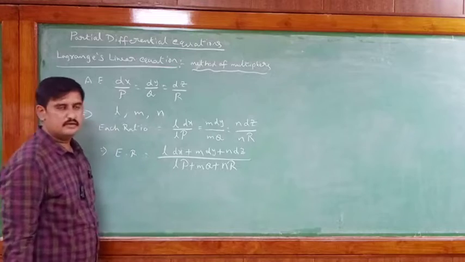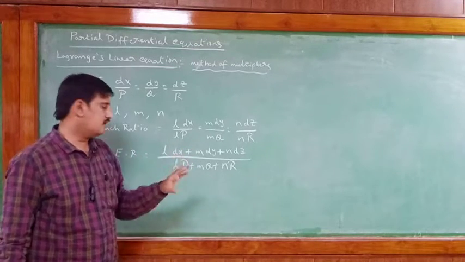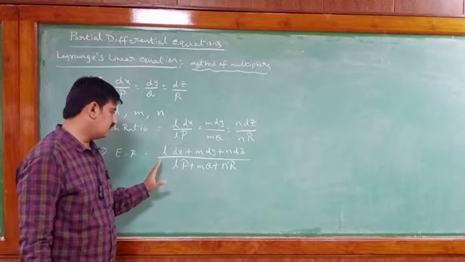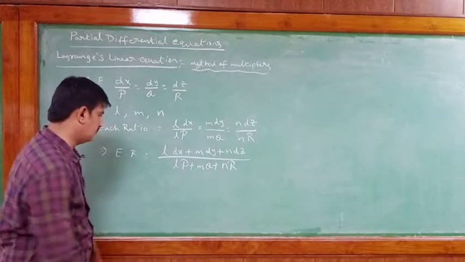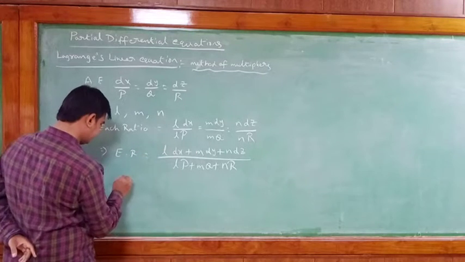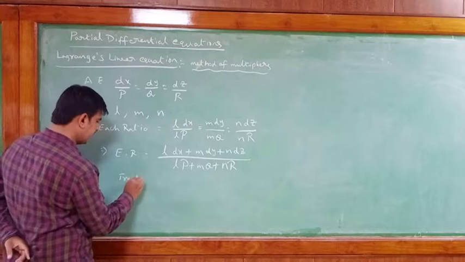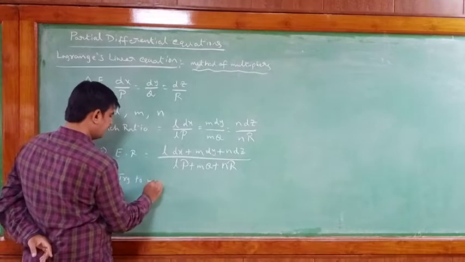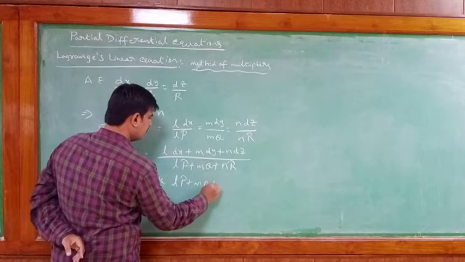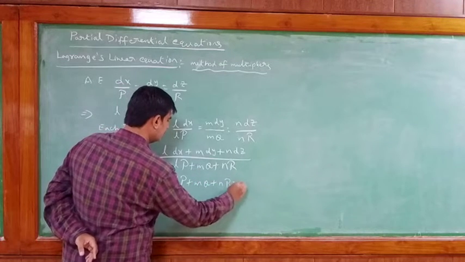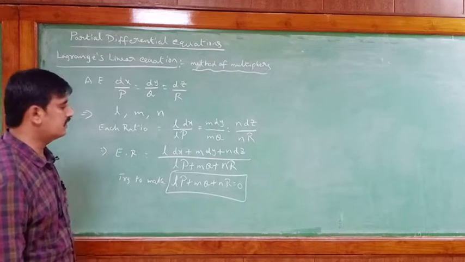Here we are adding, you can also subtract according to your convenience. What is our target? You need to make LP plus MQ plus NR become 0. Try to make LP plus MQ plus NR equal to 0.